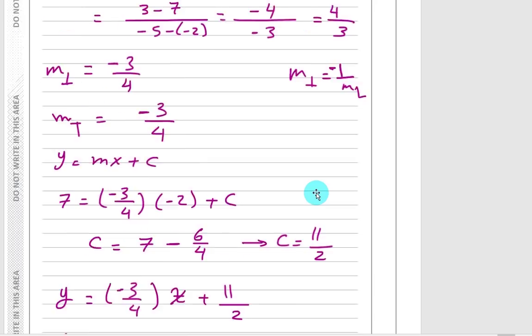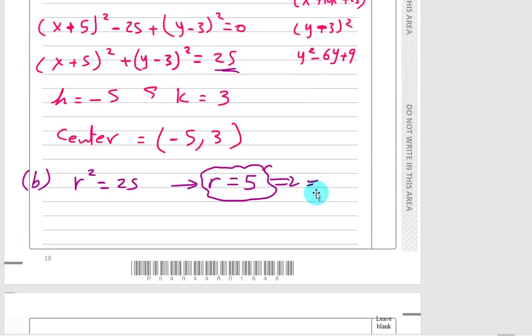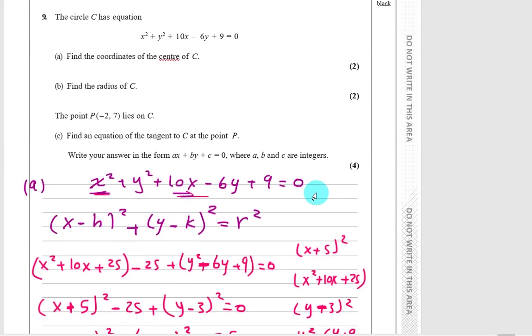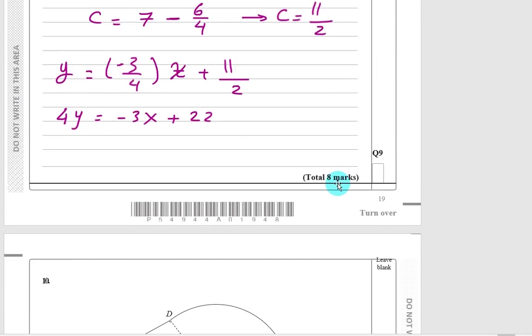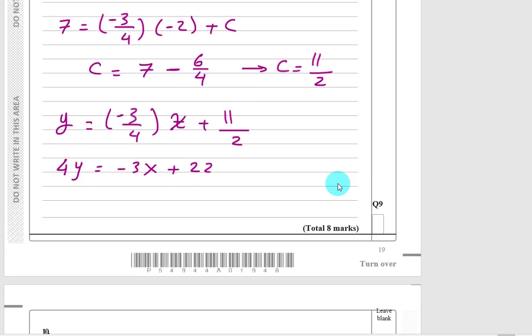So now we need it in the form of the equation ax plus by, so it will equal minus 3x minus 4y plus 22 is equal to 0.